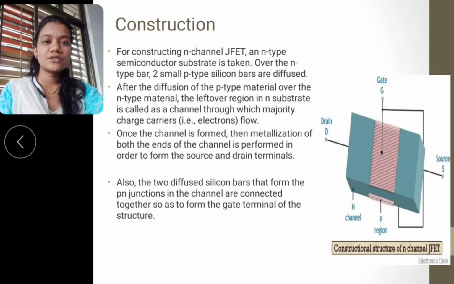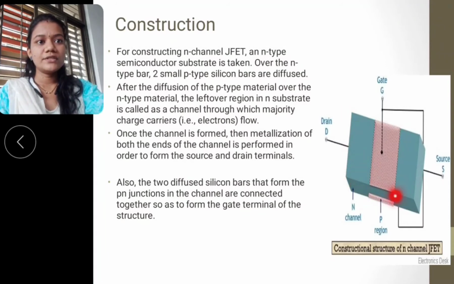For construction of an N channel JFET, an N type semiconductor substrate is taken. First we take the N type bar, and small P type silicon bars are diffused in it.